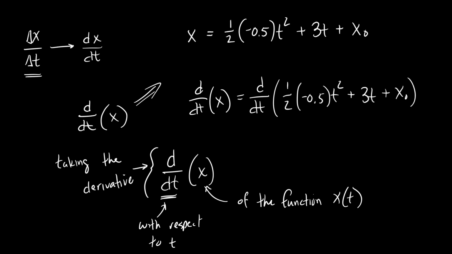That's how you would say this. You are taking the derivative with respect to t of the function x. Okay, that's how we would say it. All okay? That's how I want you to approach this.